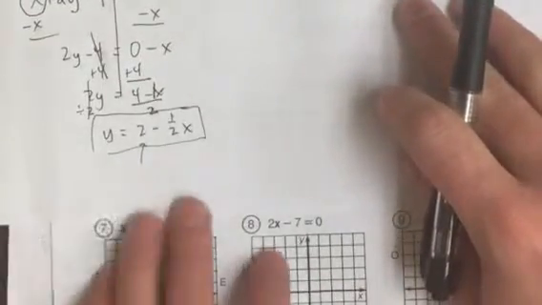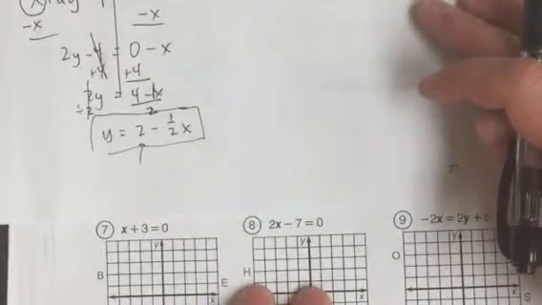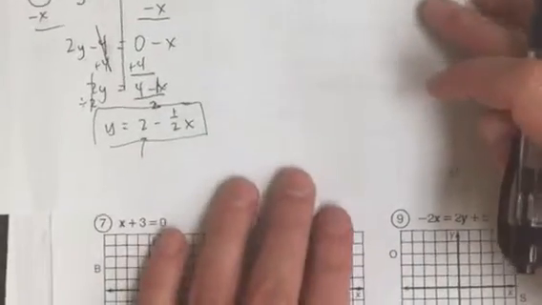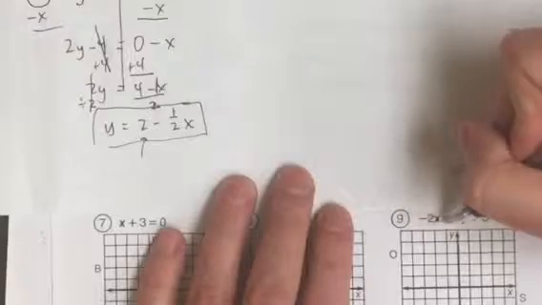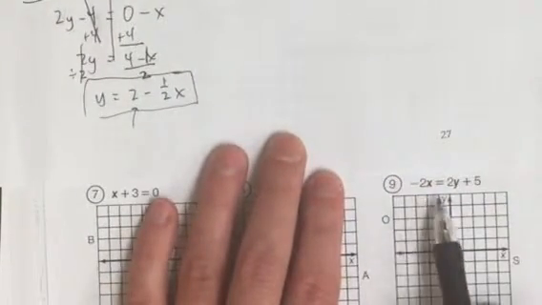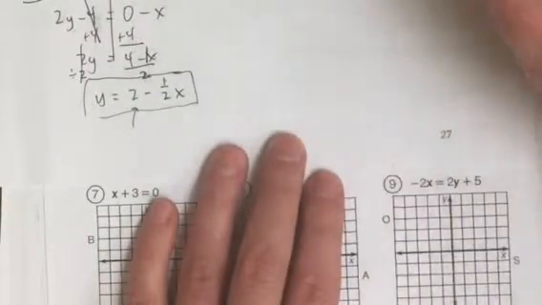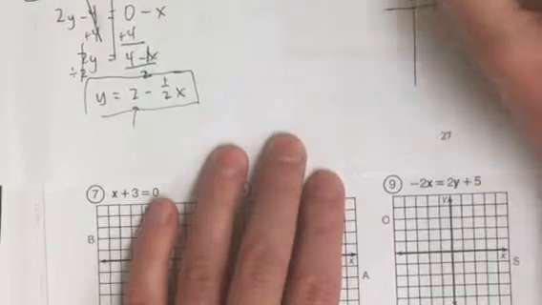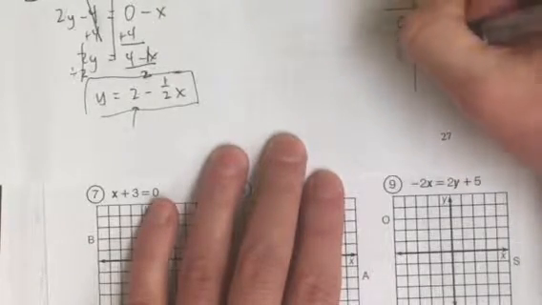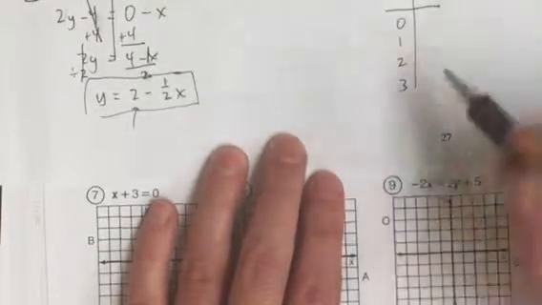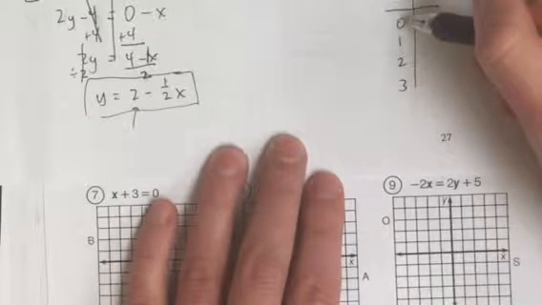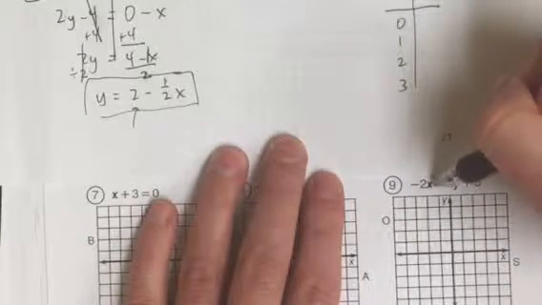All right, so number 8 says, well, let's do it with number 9. Number 9 says -2x equals 2y plus 5. If I just did a little t-chart here, with 0, 1, 2, 3, and said the value of x was 0, I'm going to plug that in right here and see what I get for y.